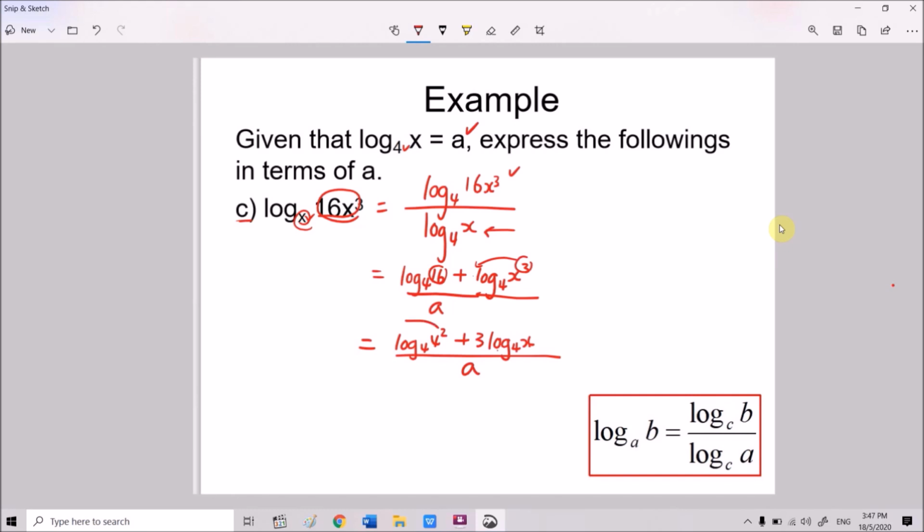And the 2 we can bring in front, you get 2. Log base 4 of 4 is actually equal to 1. And here we have 3, log base 4 of x is a, over a. So we have 2 plus 3a over a as our final answer.